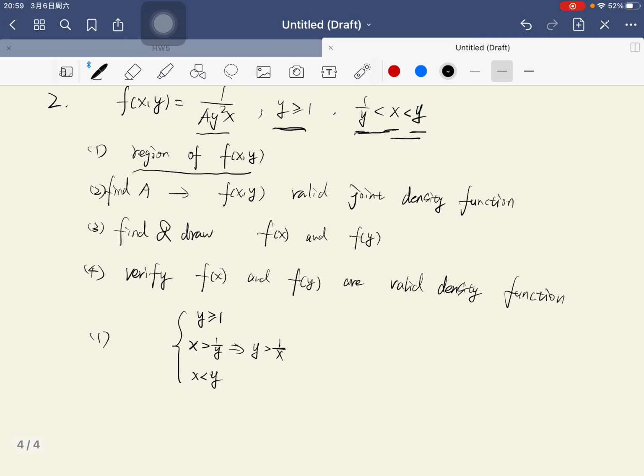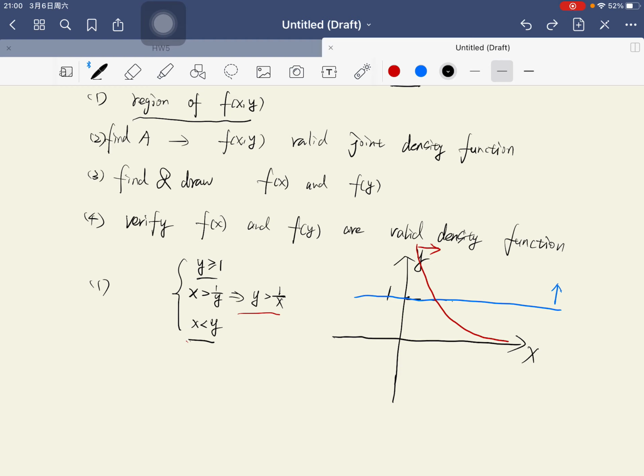And this part is a black line, x equals y. The x is smaller than y, so it is the left side. The shaded part is the region of the density function of (X, Y).